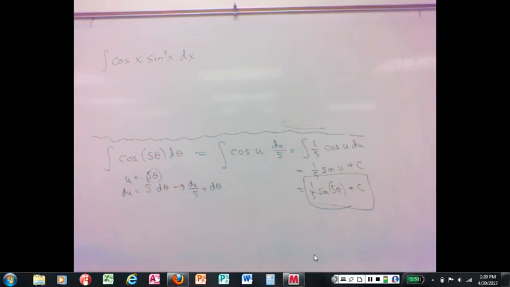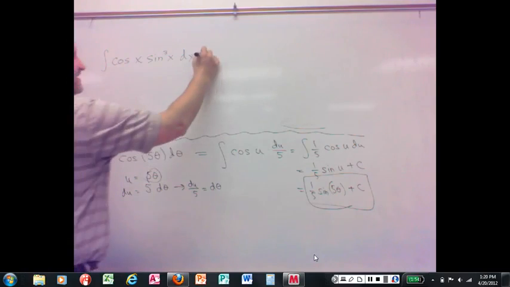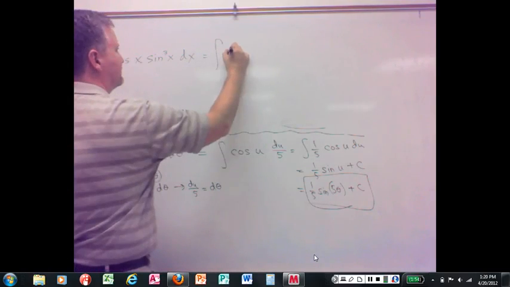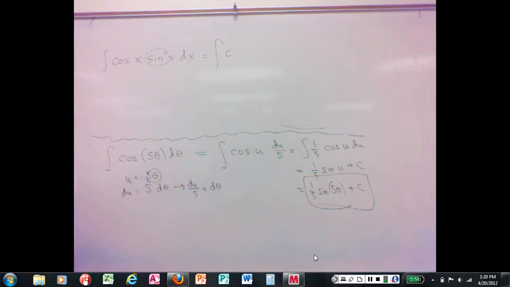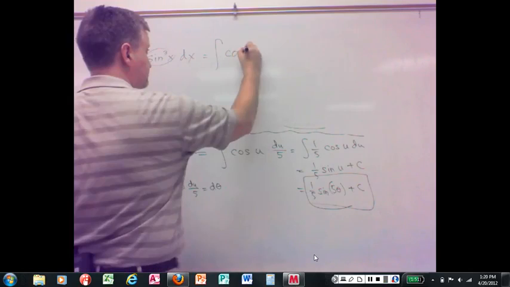Well, maybe that one's not as obvious, U-substitution-wise, what we should do. Anybody want to hazard a guess? Well, let's rewrite this. Sometimes when we were doing the chain rule, we said let's write that in the alternate form. That might help.